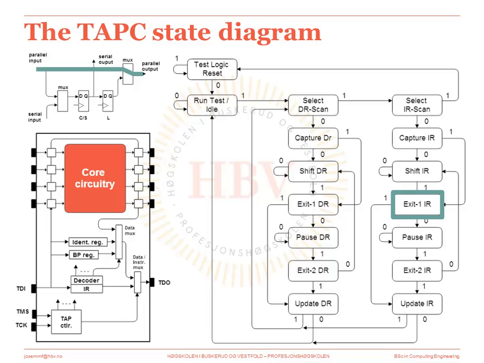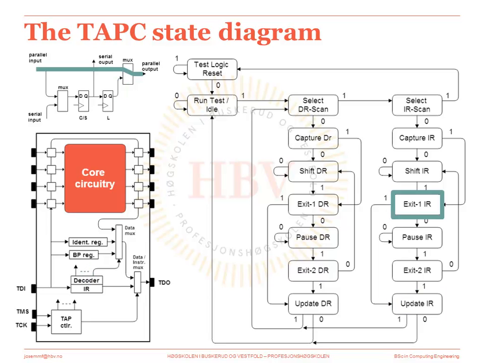The reason is that if we stayed there for all the clock cycles, then on the next clock cycle we would still shift something. So we will stay in the shift state for a number of clock cycles equal to the number of bits in the instruction register minus 1, because the last clock cycle will also be used to go out of the shift state.